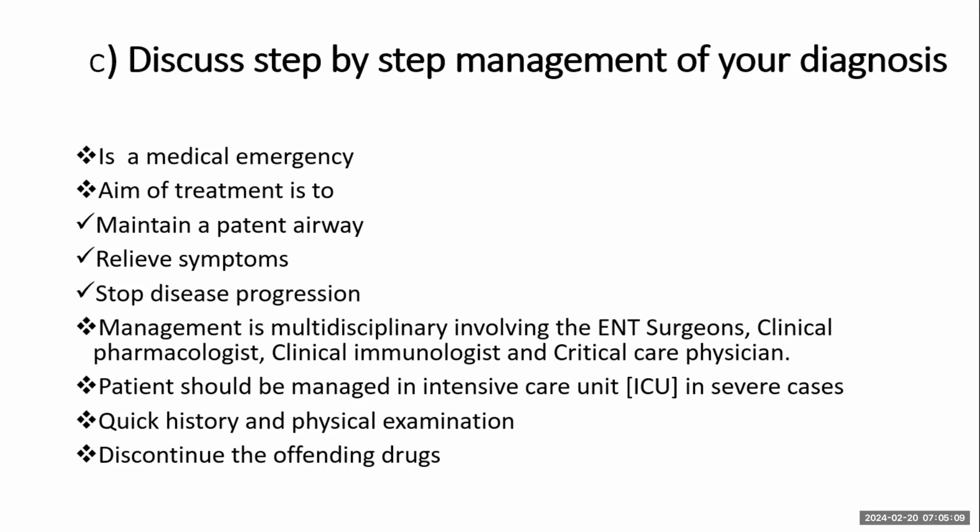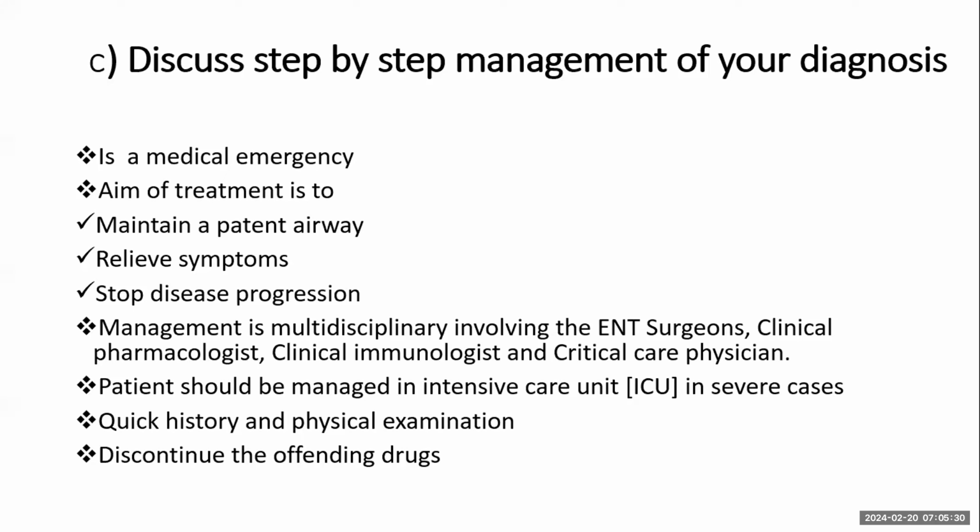Then a quick history and physical examination is very important. It's good to know whether there is a previous history of these symptoms, whether there is a family history, history of dysphagia, dyspnea, nausea and vomiting.